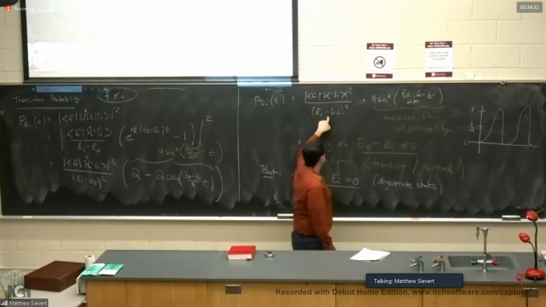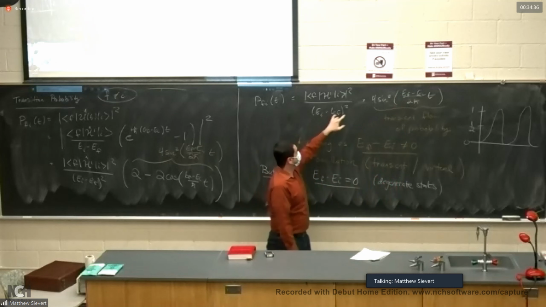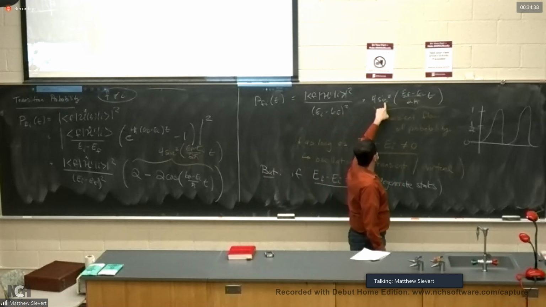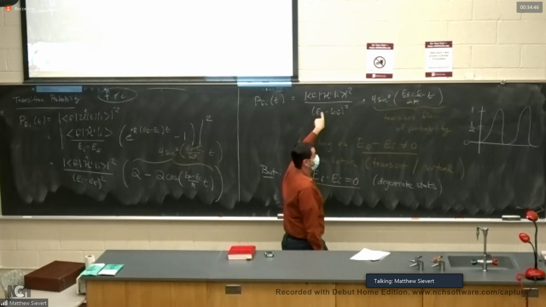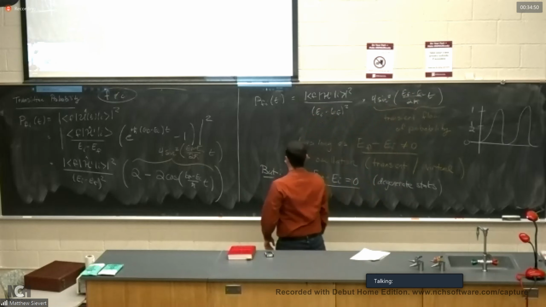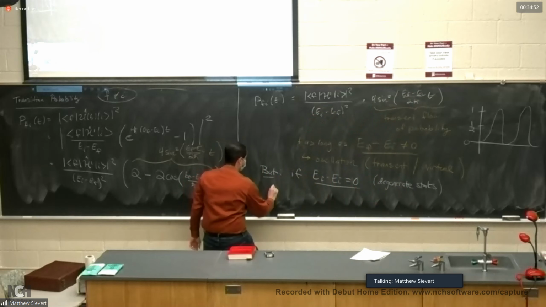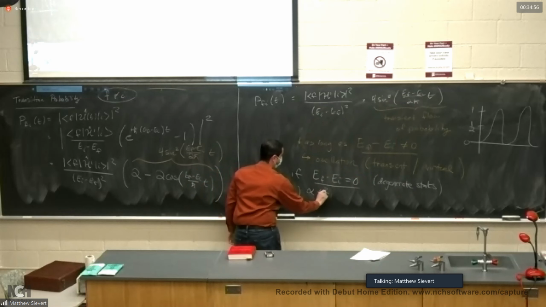Now, of course, this denominator is also 0, so I've got to carefully take the limit. In the limit where this thing goes to 0, then my sine is approximated by its argument. Sine theta is approximately theta. So I get EF minus EI squared. That cancels the singular part down here, and I get t squared. So if this is true, my P final initial of time is proportional to t squared.